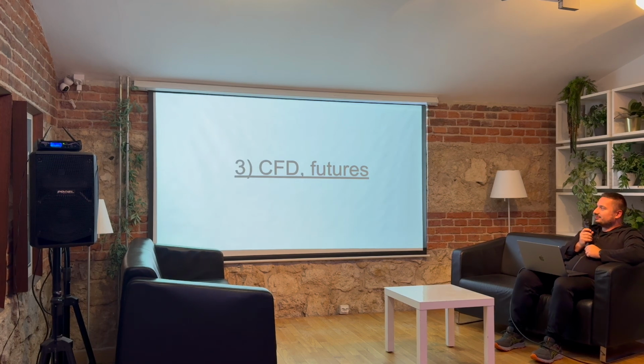And for the end of this presentation, I have a very important thing about CFD and futures. Who knows what CFD and futures mean? Some of the people know. So if you are thinking about how to invest your money, you have to know that CFD and futures are assets where 90% of people lose money, which sounds crazy because the price can go up or down, right?